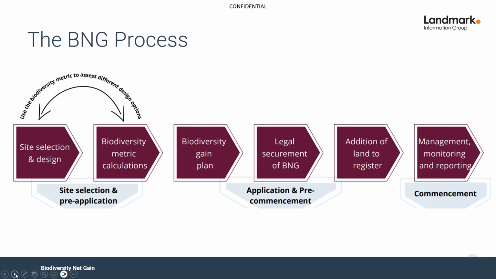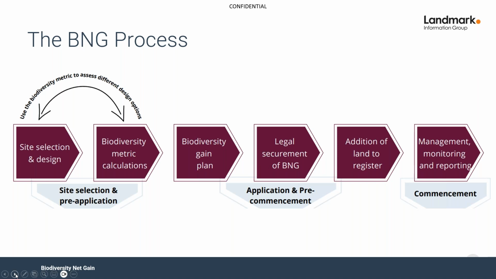We'll need a baseline assessment of the development site, plus a viability assessment for it. And those assessments may impact on design, especially where we're looking for some on-site net gain. Where we're going off-site, we might need to review local nature recovery strategies. And we'll certainly need a plan of any on-site habitat at the relevant date to submit with our application.